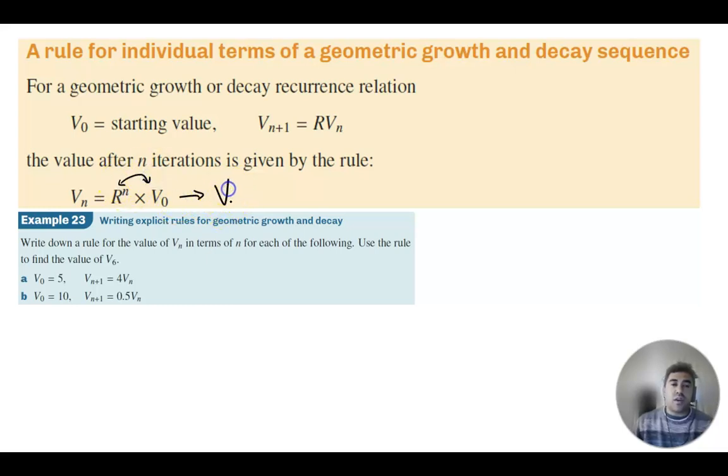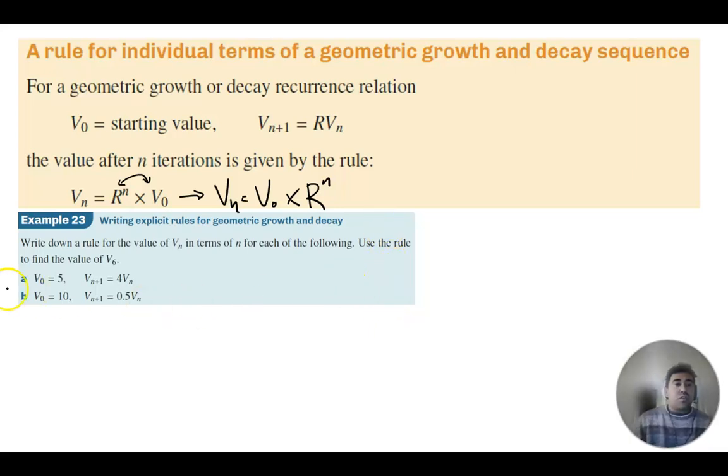If you end up writing v of n is equal to v of 0 times R to the power of n, that is completely fine. In fact, you won't necessarily lose any marks because it's commutative. You can flip them around. It is in your best interest though to write it in this template, because that seems to be the template that is accepted.